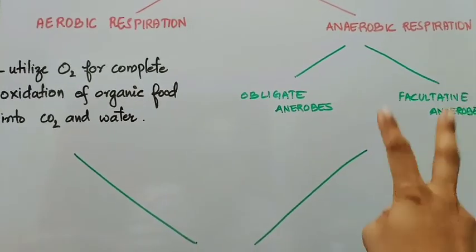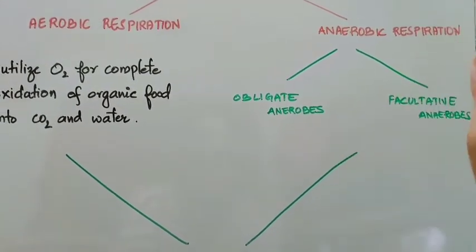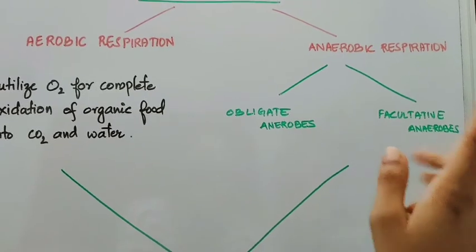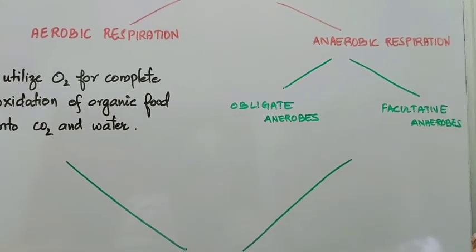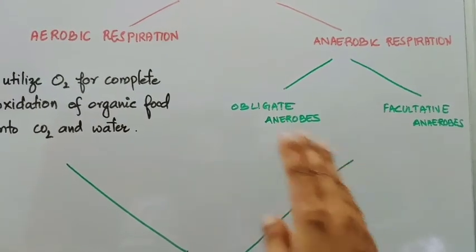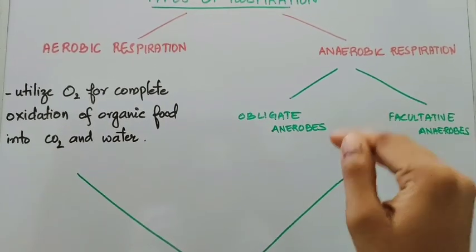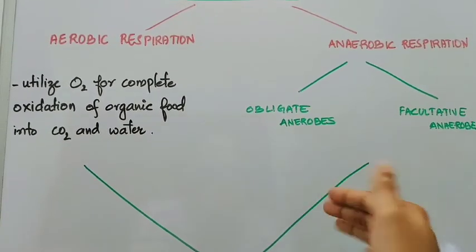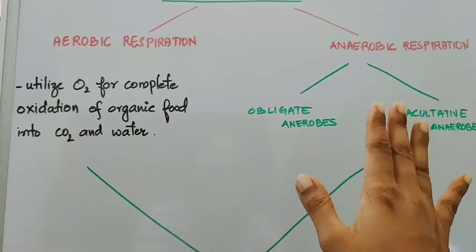Now, among the organisms which are anaerobic in nature, basically two types are there: obligate anaerobes and facultative anaerobes. Obligate anaerobes are those organisms which are always anaerobic, that is, they break down their food only in the absence of oxygen.